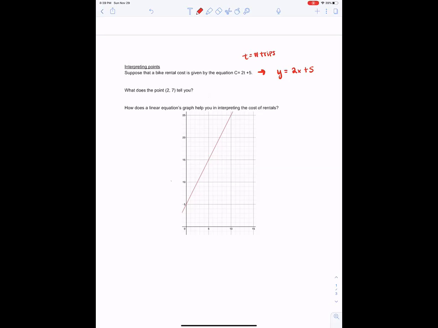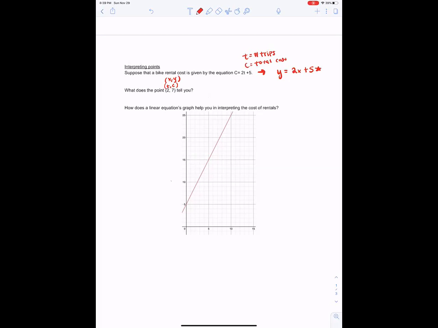We know that C equals the total cost, t is the number of trips. So what does the point (t, C) mean? Or if you want to do it in this form, (x, y).